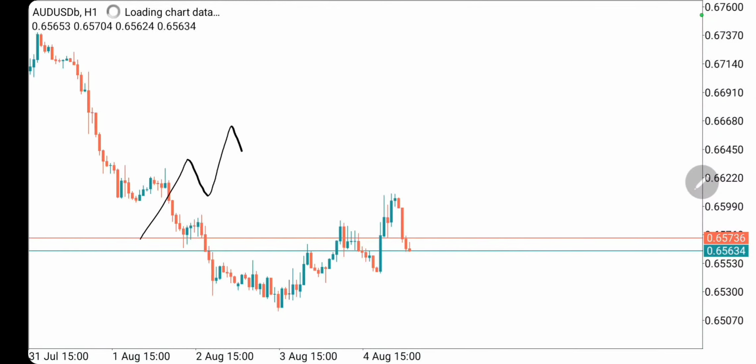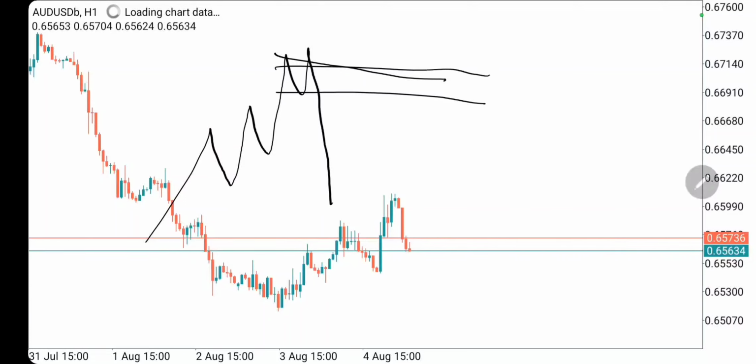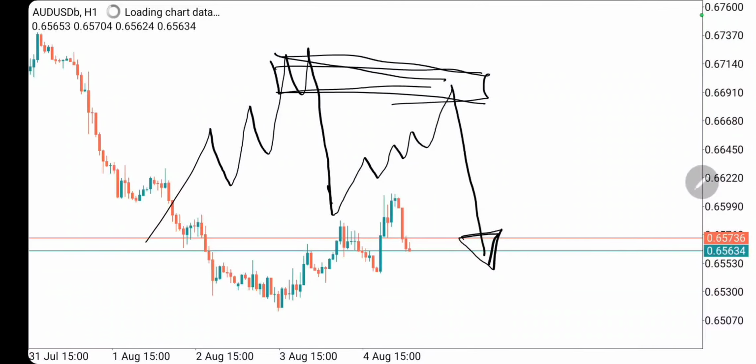So we expect that when the market comes back to that zone, it's going to sell. A supply zone is a zone from which we expect the market to sell.